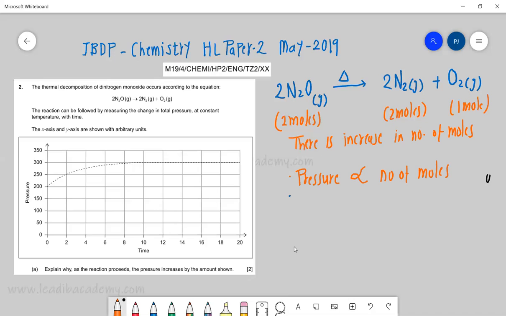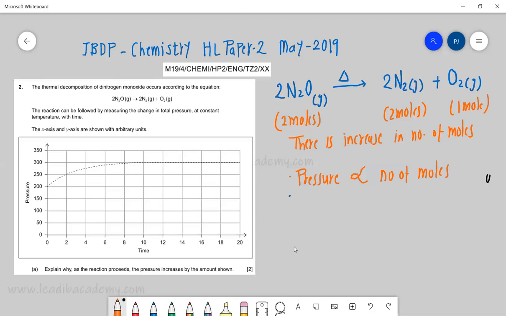We are already aware of this from the kinetic theory of gases. Pressure of the gas, because this is a gaseous reaction, is due to the number of particles colliding with the walls of the container. If there are more particles, that means more moles, the pressure is going to be higher because volume is almost fixed, and we are not talking about temperature here.